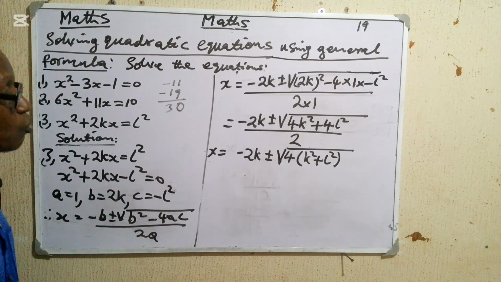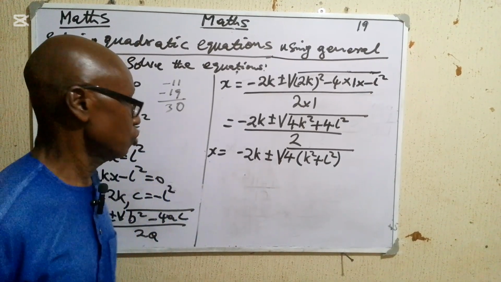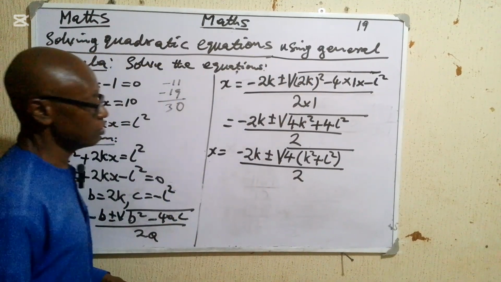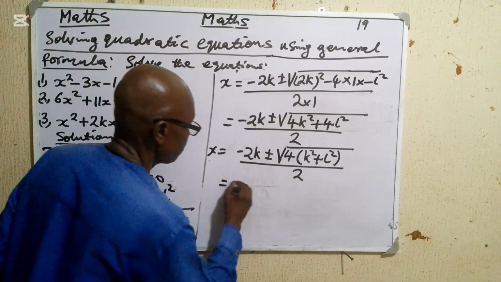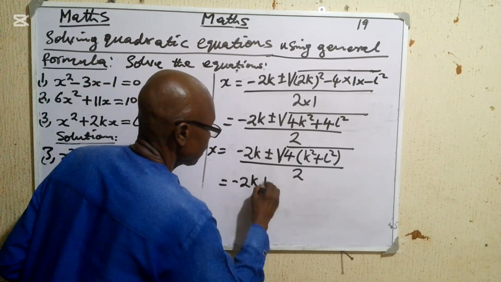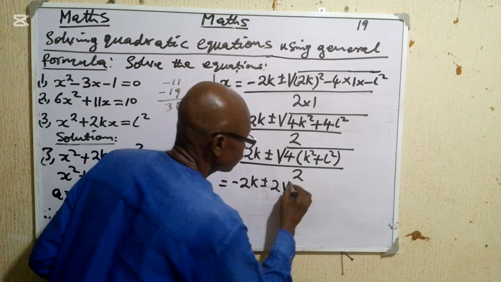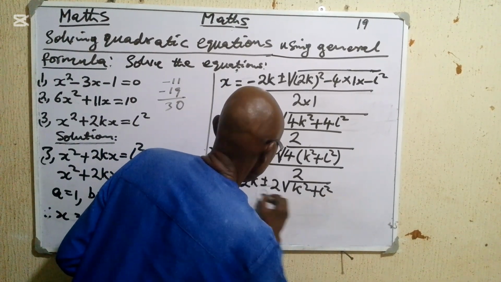Again, you know that the square root of 4 is 2. So in that case, you have to bring out the square root of 4, and what will be in the root sign will be k squared plus L squared.